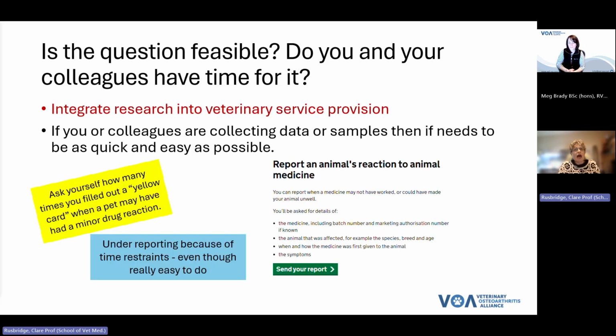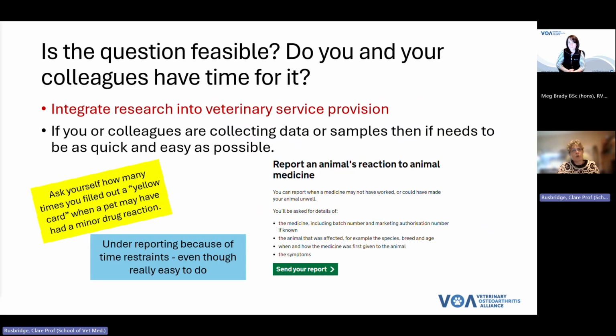And I would use as an example there for the vets, how many times have you filled out a yellow card, so-called yellow card, a drug reaction card, when the dog has a minor drug reaction? How many people actually fill out that card when a dog who's been given non-steroidal anti-inflammatory drugs develops diarrhea? Really, be honest.